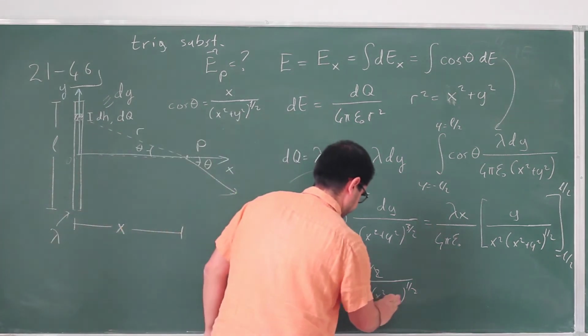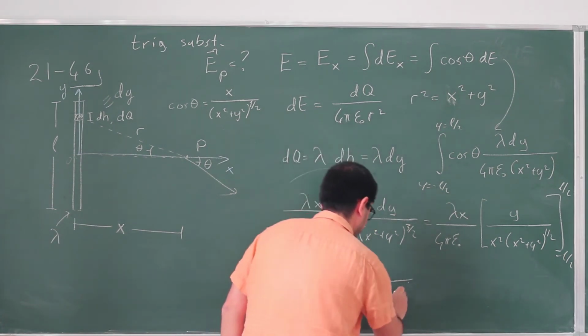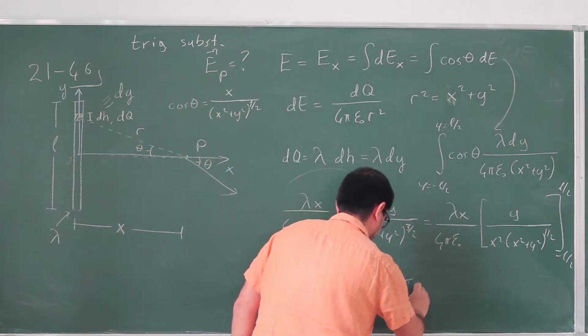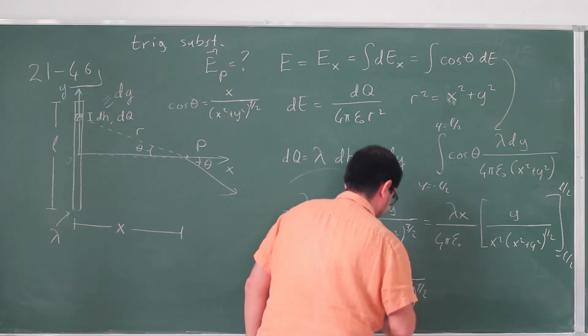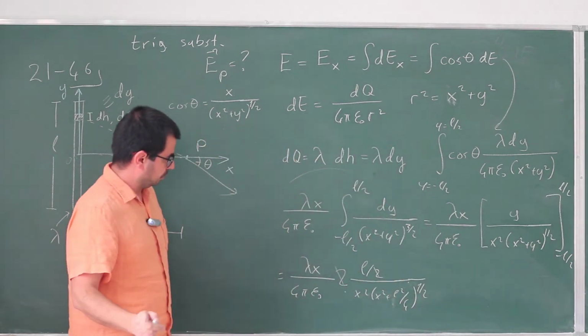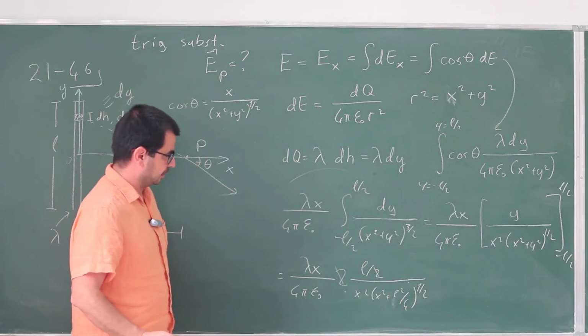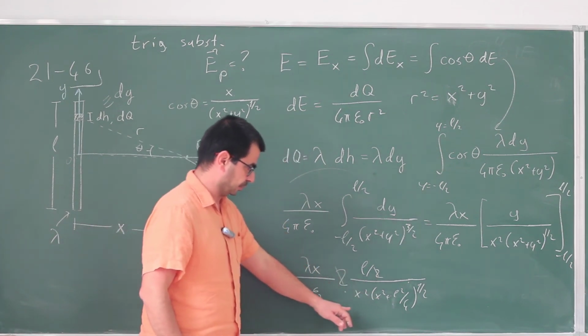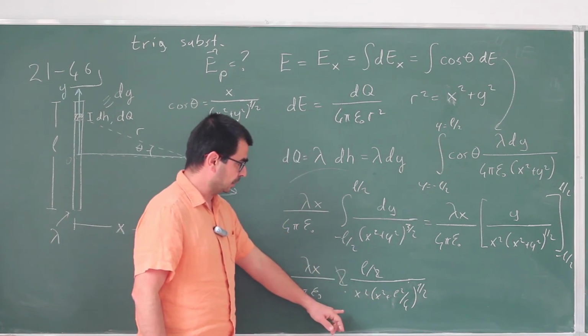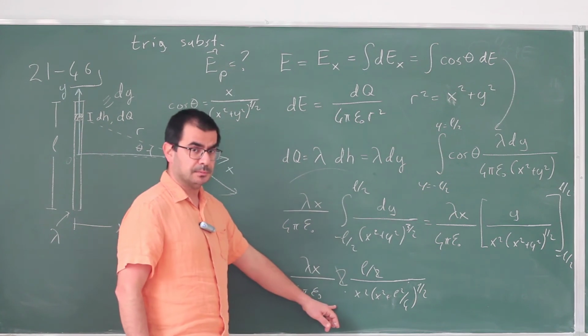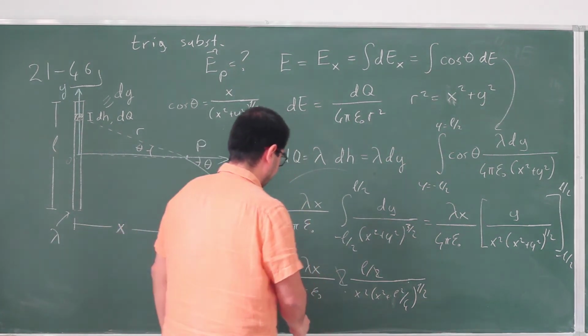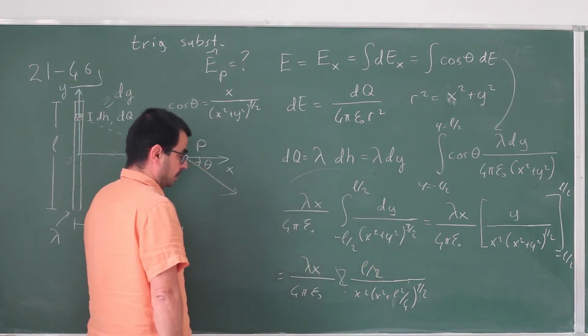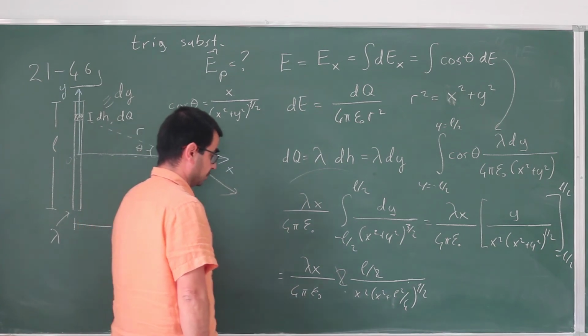This is going to be L squared over 4 to a half. And to make it look more like the expression given in the book, you need to take this 1/4 out of the square root. 1/4 out of the square root becomes a half, so that a half is going to cancel half of this 4, it's going to become just 2.